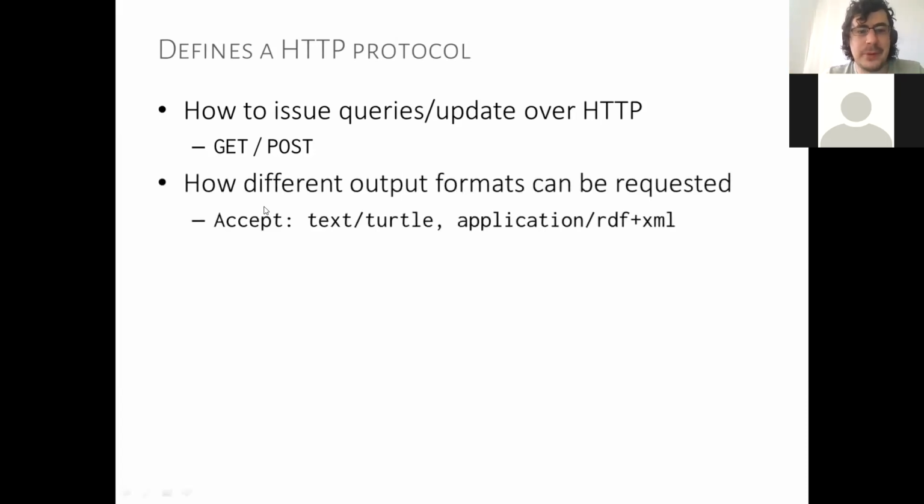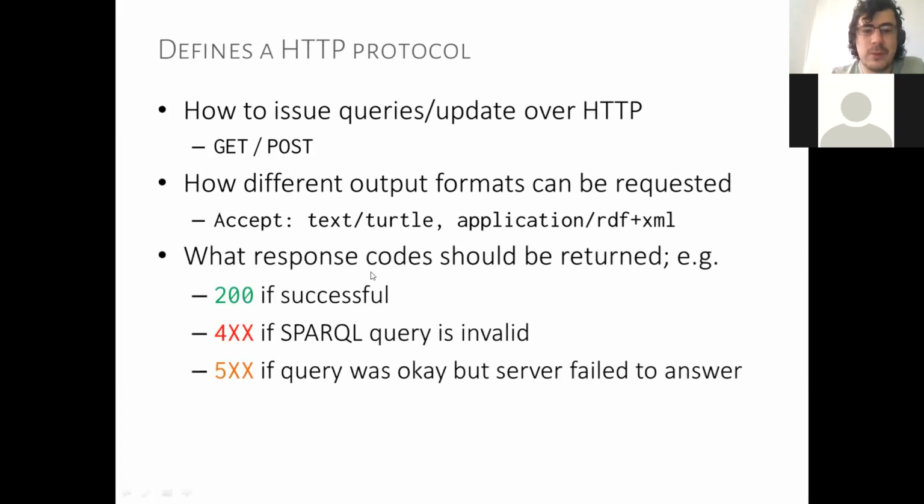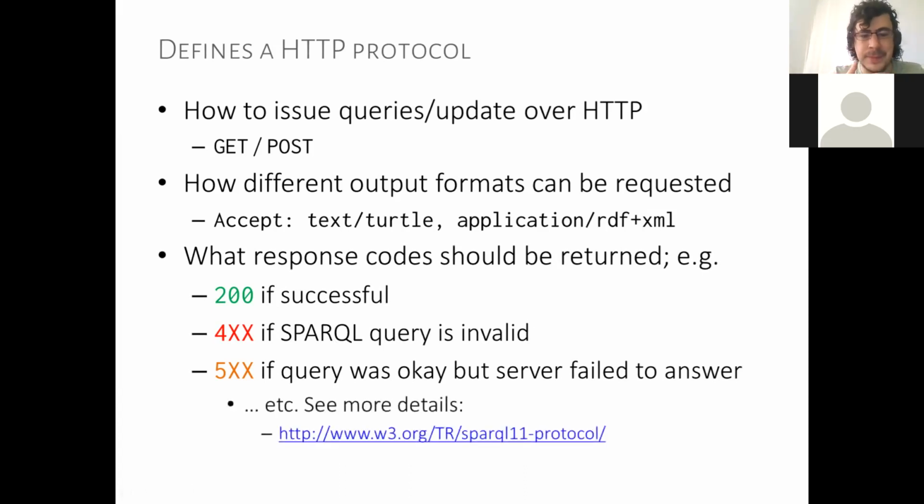So how to use GET and POST, how to accept output formats that can be requested using content negotiation, what response codes should be returned in case of success, in case there's a problem with the actual request, in case the request looks okay, but the server failed to answer because the query was too expensive, or there was too high load, or whatever it might be.